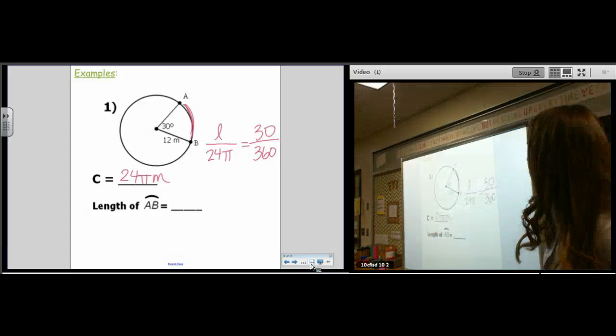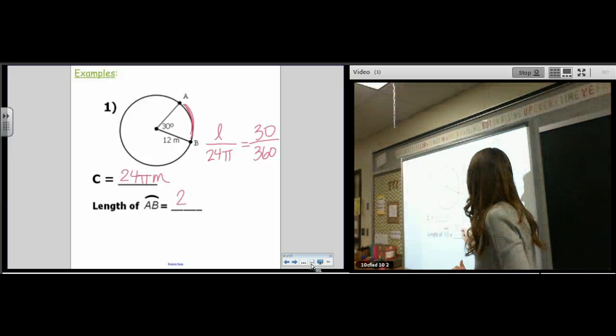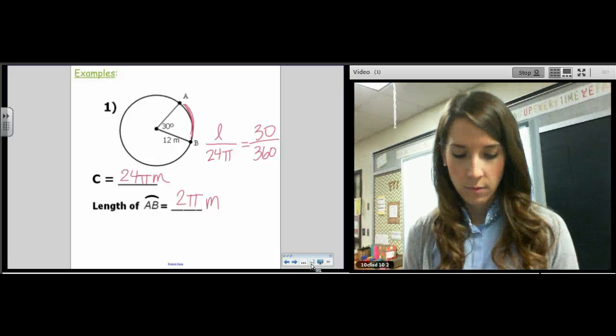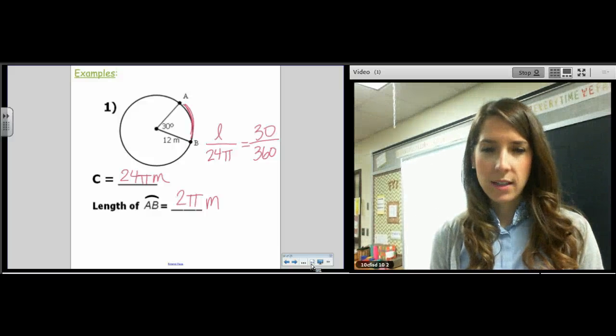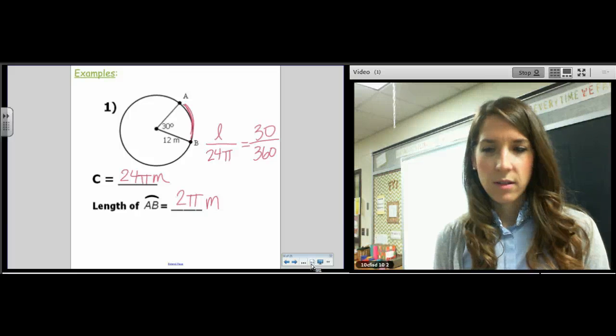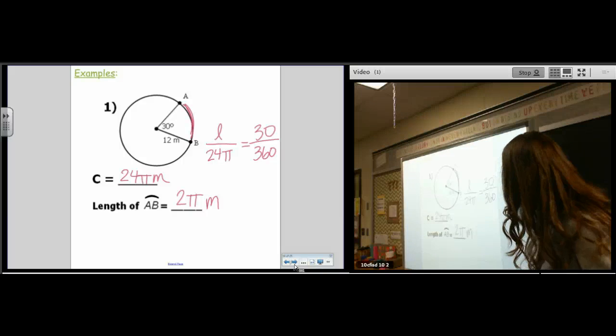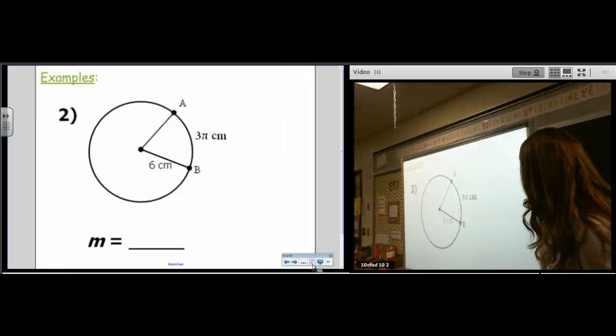Yay, Albert, thank you. So the length of AB is 2 pi meters. What questions can I answer? Because it seems like that did not sink in. Let's see if we can just go straight to another one, and then I'll come back to that one if we need to.